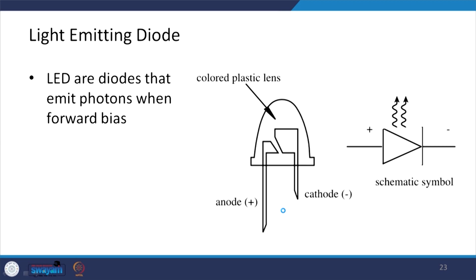Then there are light emitting diodes basically. These are the diodes that emit photons when forward biased. So, this is the schematic representation for this, and this is a schematic symbol. Photons are emitted when this is forward biased.